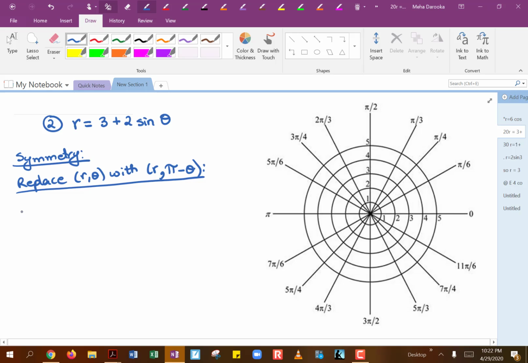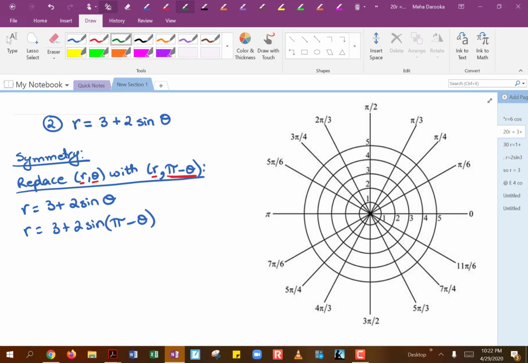We are given r equals 3 plus 2 times sine theta. We're keeping the r value the same, but we're replacing theta with pi minus theta. So again, r equals 3 plus 2 times sine of pi minus theta.